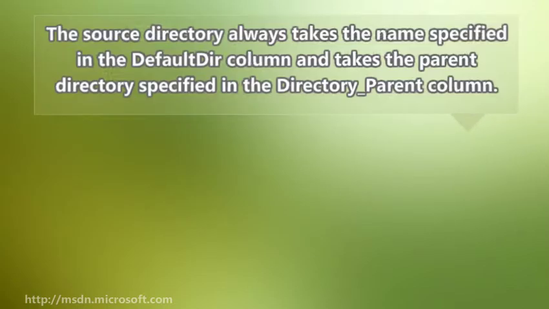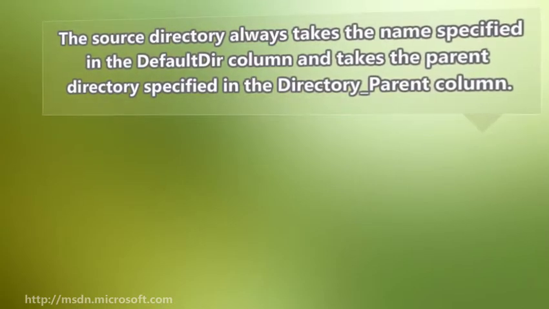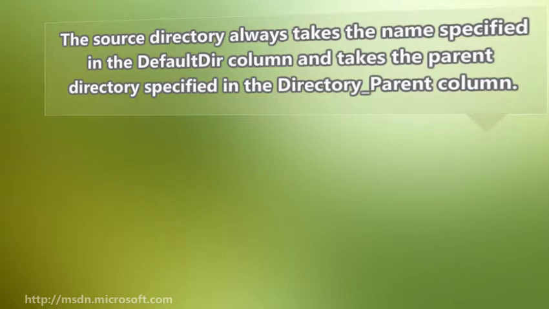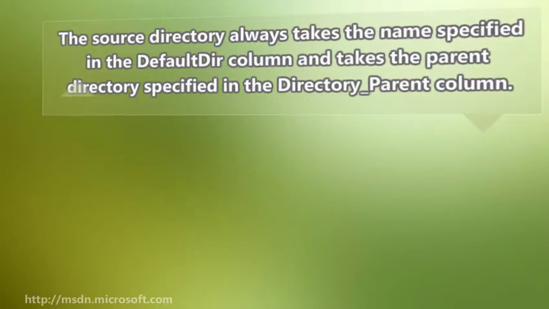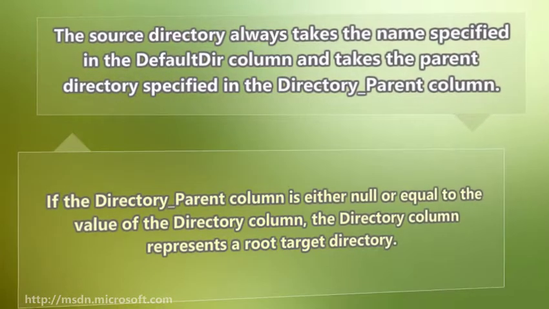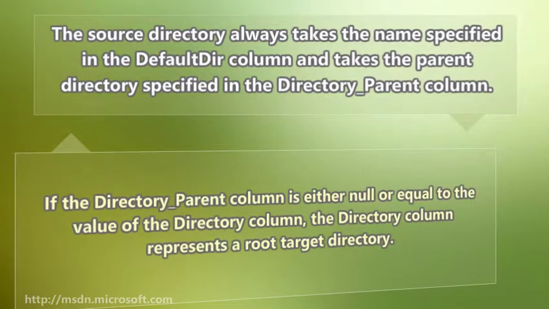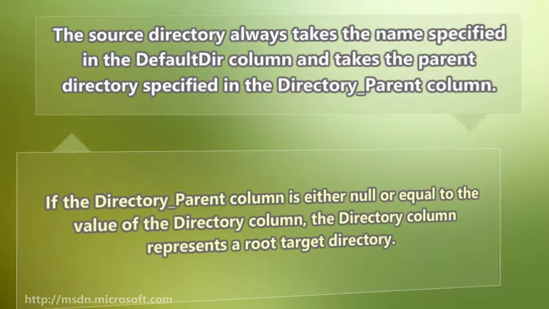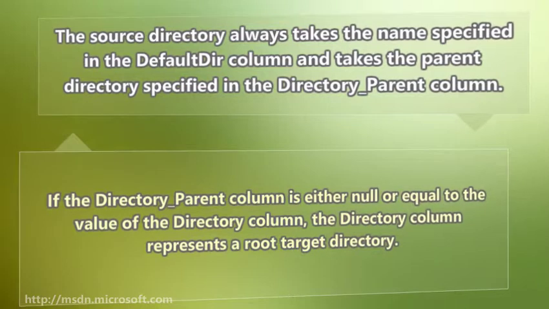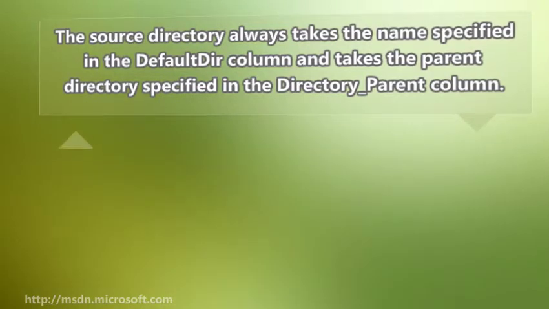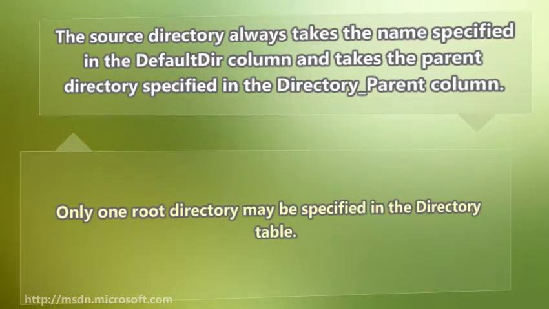The source directory always takes the name specified in the default column and takes the parent directory specified in the directory parent column. If the directory parent column is either null or equal to the value of the directory column, it represents a root target directory. Only one root directory may be specified in the directory table.